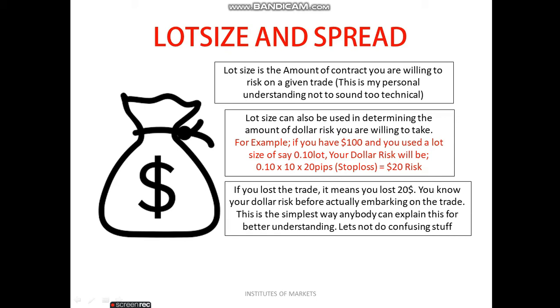I've come to that point, and you will learn that in the mentorship. When you enter, you will see things. If you lose the trade, you lose $20. You know your dollar risk before embarking on that trade. This is the simplest way anybody can explain it for better understanding.